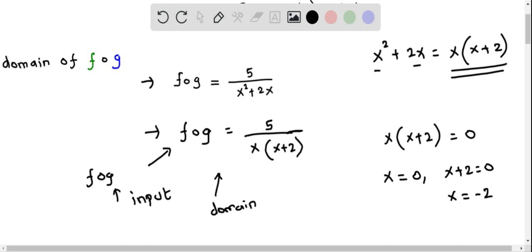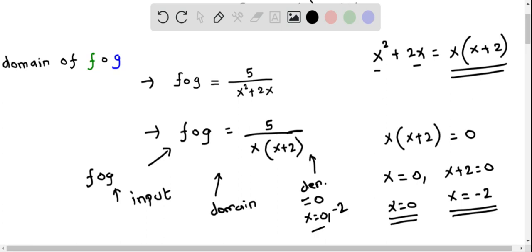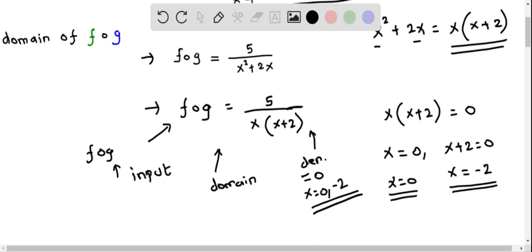So we get x equals negative 2 and x equals 0. That is, for the two values of x, which are 0 and negative 2, the denominator becomes 0. This denominator is 0 when x equals 0 and x equals negative 2. So these are the domain restrictions of the function f of g.